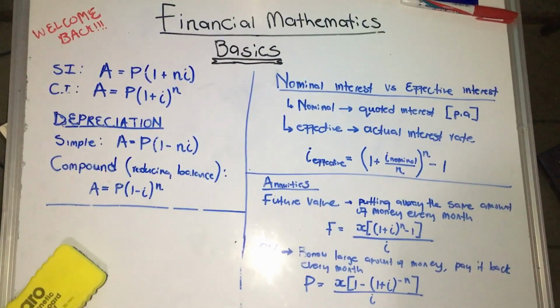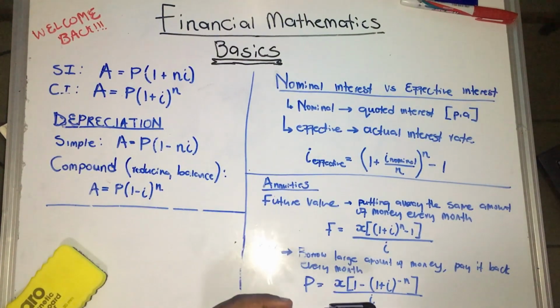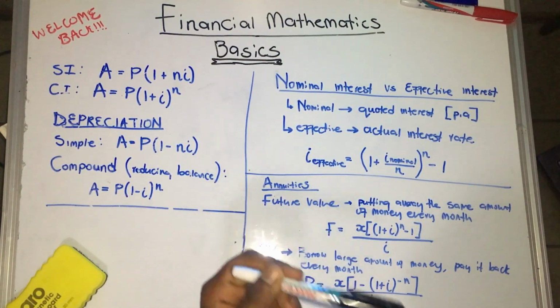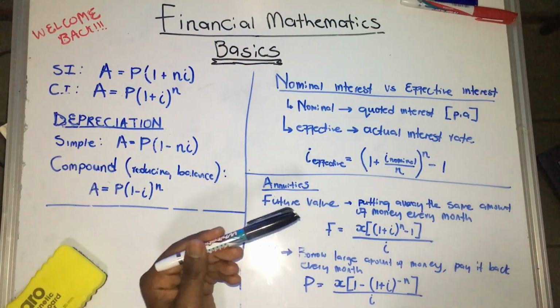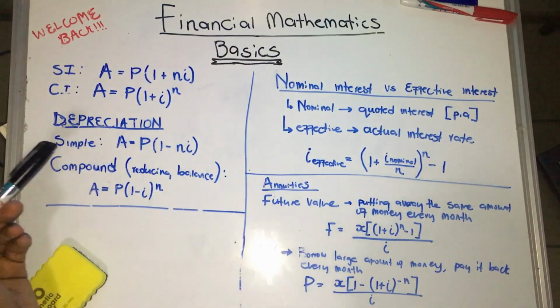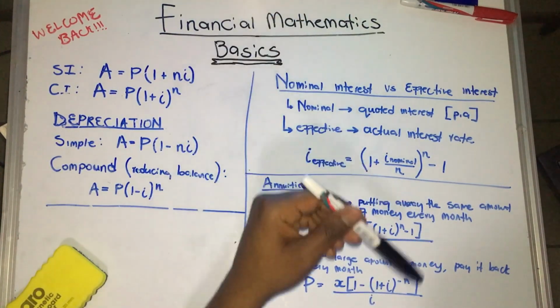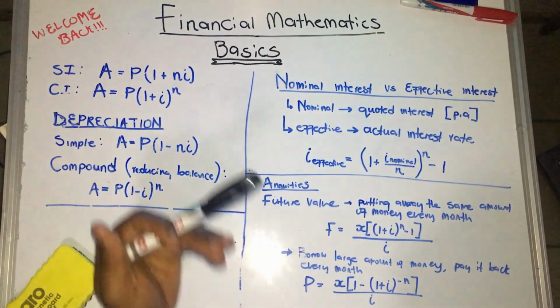Okay, lastly, I'm going to look at annuities. I'm going to start with the future value. This is where, for example, every month you're putting away the same amount of money. Maybe you're contributing 100 rands into an investment. That could be you saving for yourself, that could be a retirement, you're putting money away into an investment.